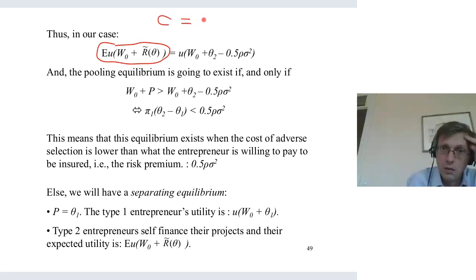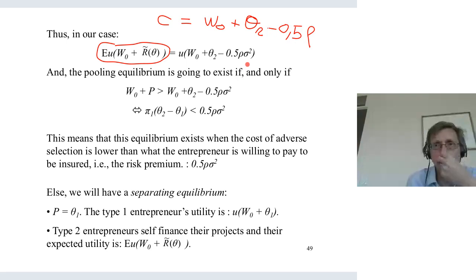C corresponds to W0 plus the expected value, θ2, minus 1/2 times the variance of this expression. But the variance of this expression just corresponds to the variance of R tilde because the first term is a constant. So this is just sigma squared.